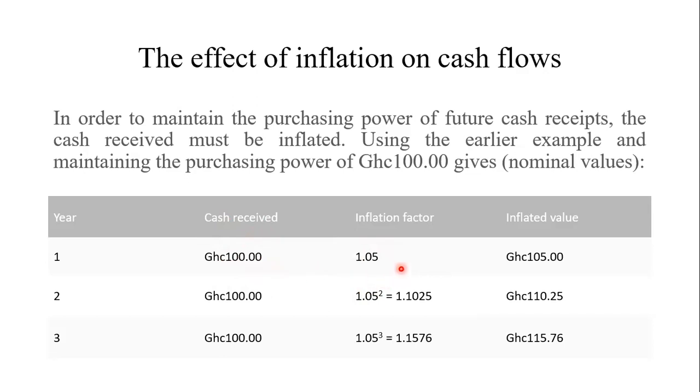That is 1 plus r, where r is the inflation figure of 5%. So 1 plus 5% gives you 1.05. Multiply that by your cash flow, and that will give you the cash flow for the next year, which is going to be higher. That is if you are inflating. The same is applied to the cash flow for year 2 and year 3.